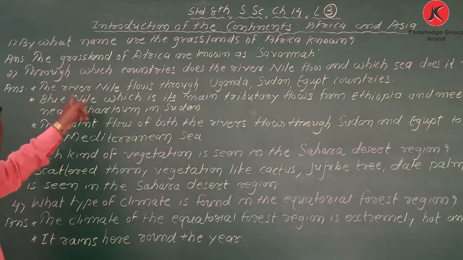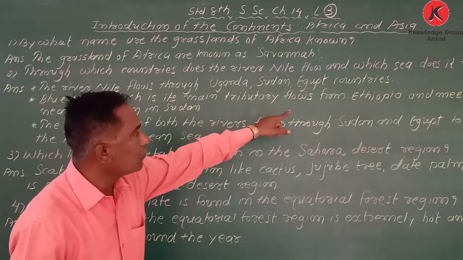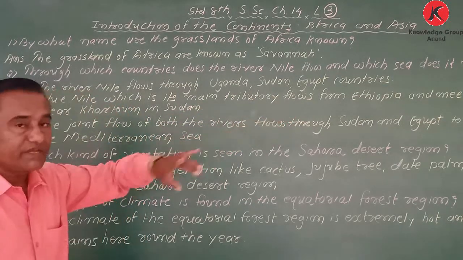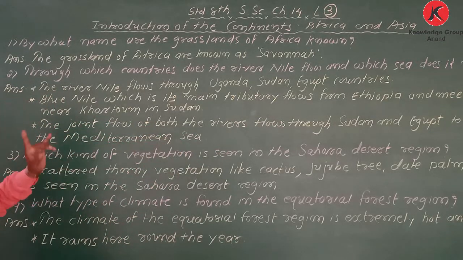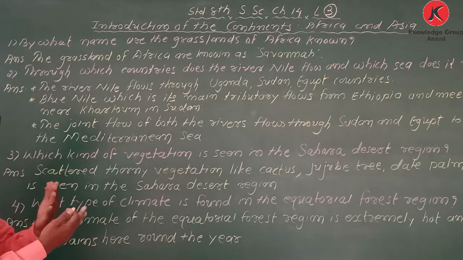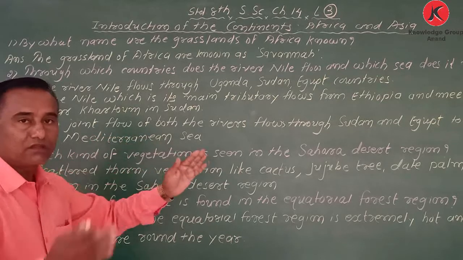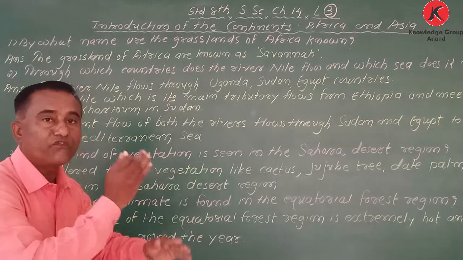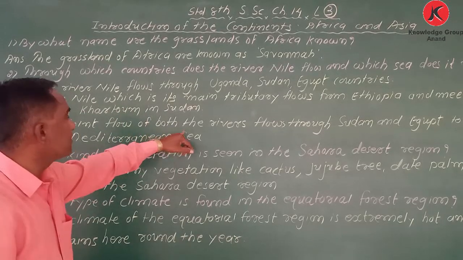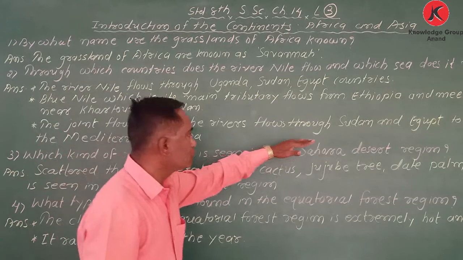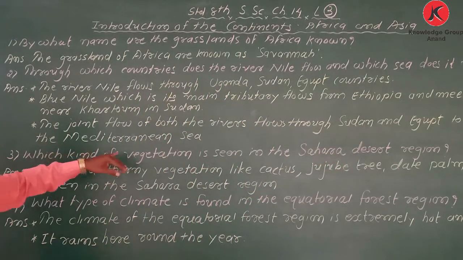Once again I repeat, the Blue Nile, which is its main tributary, flows from Ethiopia and meets it near Khartoum in Sudan. Third point, the joint flow of both the Blue Nile and the Nile flows through Sudan and Egypt to meet the Mediterranean Sea.